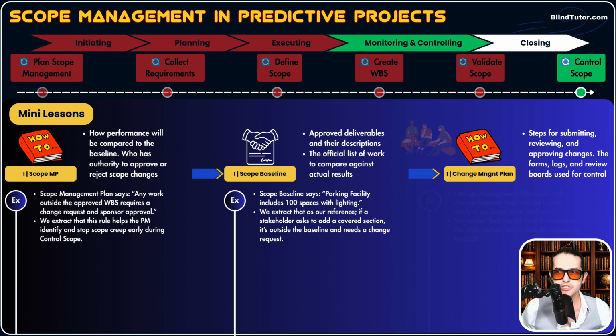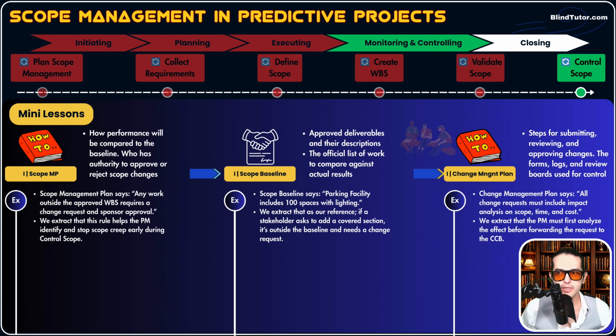For example, change management plan says all change requests must include impact analysis on scope, time, and cost. So you as a PM extract that the PM must first analyze the effect before forwarding the request to the change control board. So change management plan helped you as a PM to know the right steps on handling scope related changes, because in the control scope process, you also deal with those scope related changes and requests.